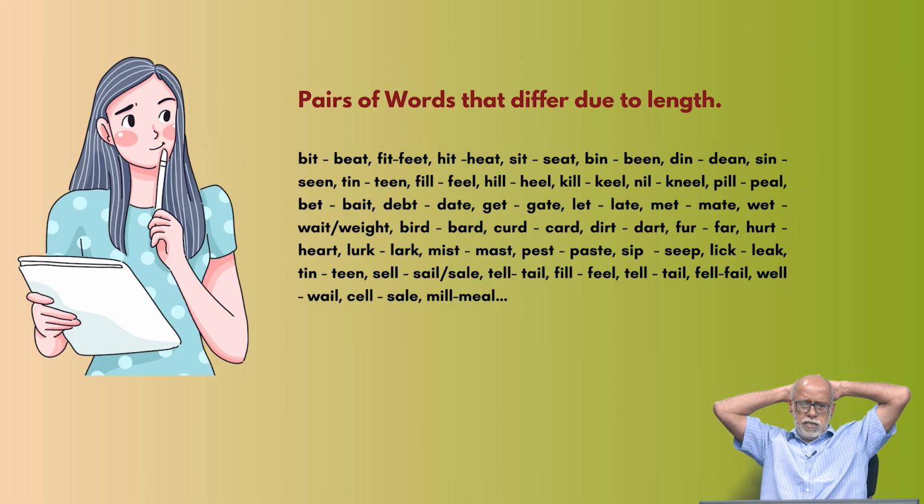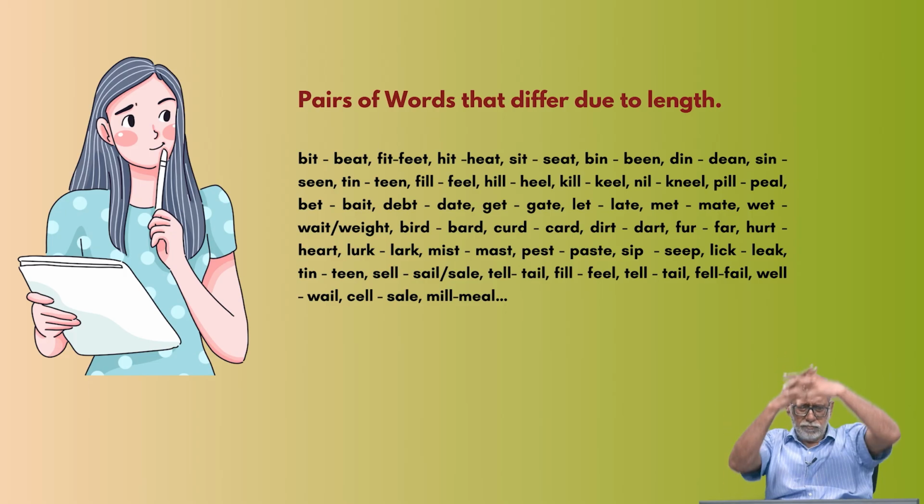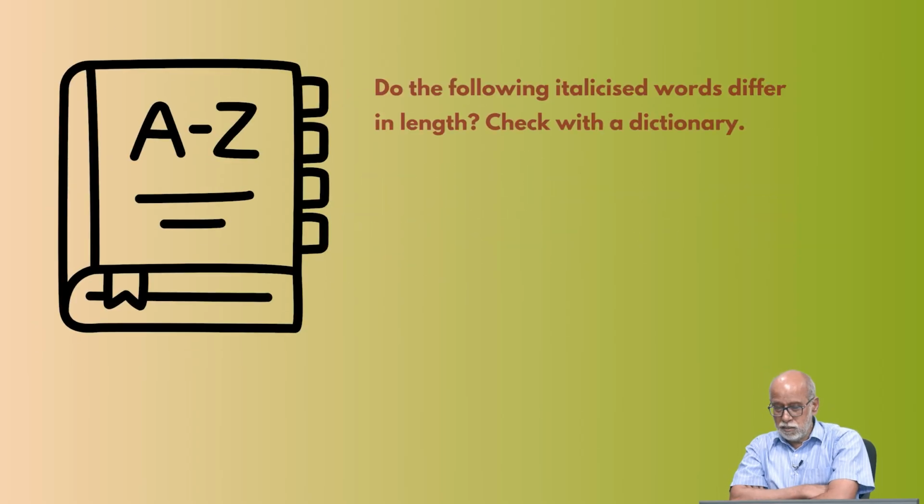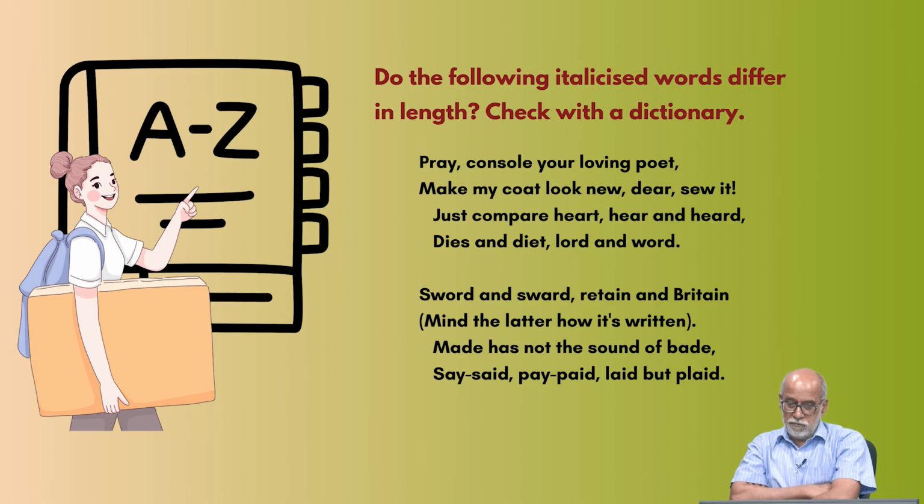I have given you an assignment. Okay. There, you can take any number of words here. It is again from the same poem. Okay. And check the length of vowels there. Have you been able to get them right? First, do them yourselves, and then check with the dictionary.